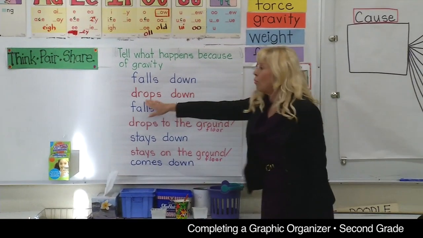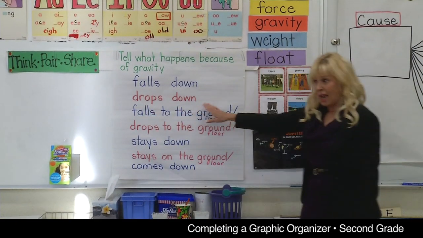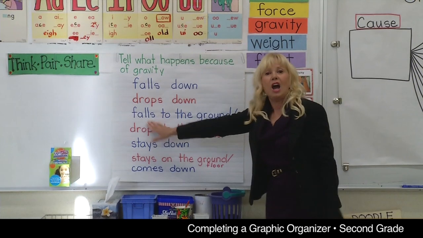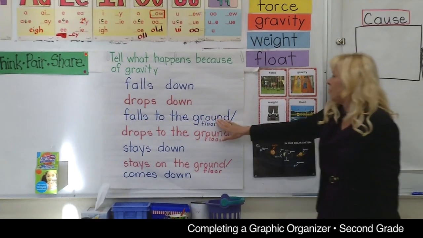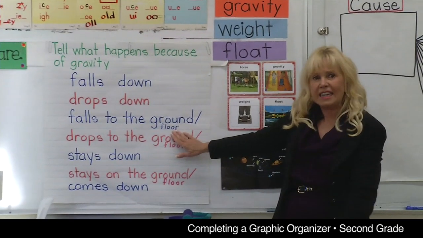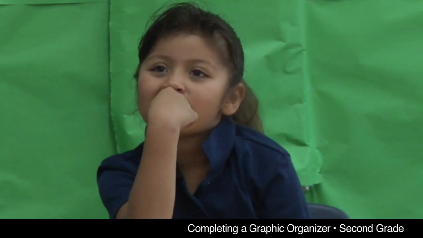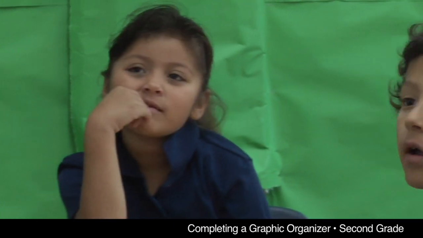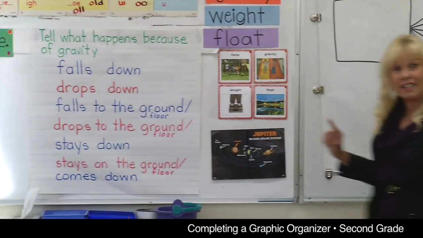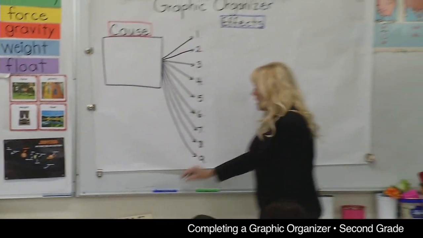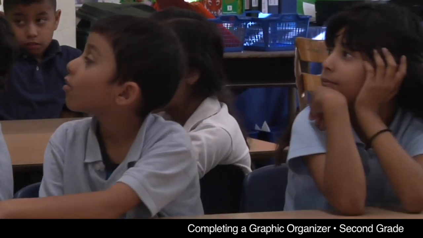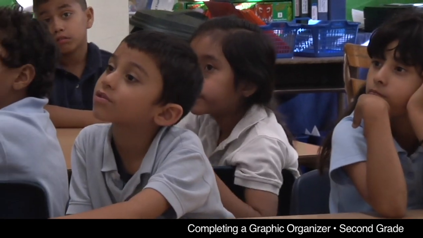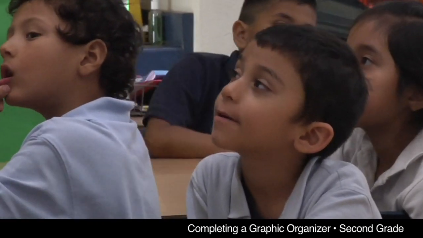Or I could say a rock drops down. Or this is the one I said, a rock falls to the ground. But if it was inside, I wouldn't say ground, I would say floor. So there's lots of ways to say the same idea. But what was my idea that I said I was going to say? A rock falls to the ground. So I'm going to write that here.